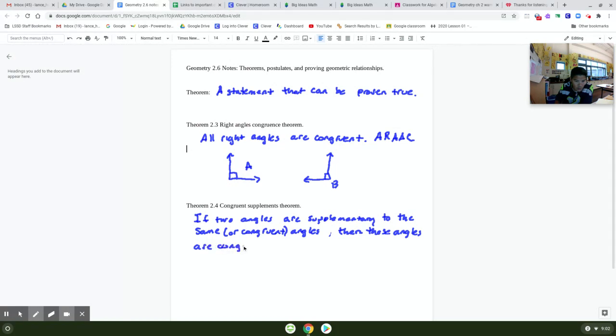Let's take a look at a quick example here. If I have two angles that are supplementary to the same angle, let's start with just one angle. I'm going to make it an obtuse angle and call it angle A. Let's say angle A is 120 degrees.